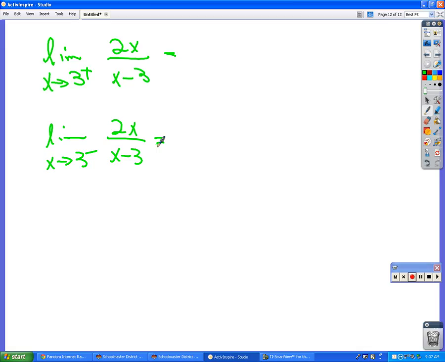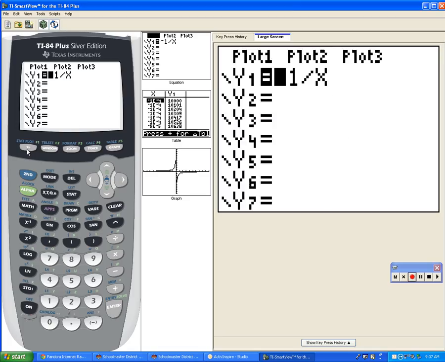Okay, you want to go table? Okay, so to do it by the table, I'm going to type that function in. It was 2x over x minus 3.